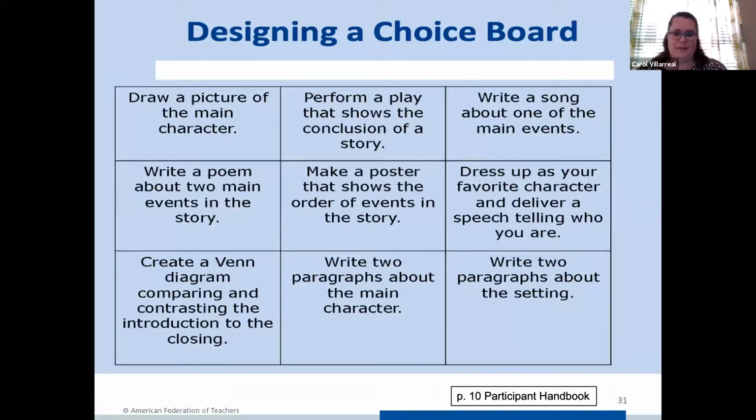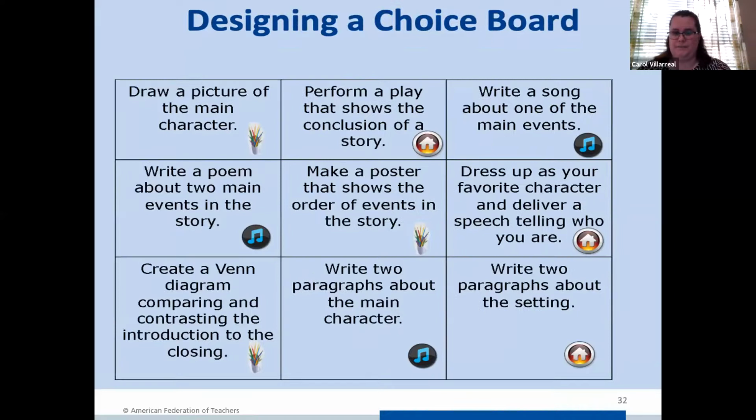Okay, I've got a couple people that have said that they think this is a differentiated choice board. So let's take a look at the next slide. This is the choice board again, but we're adding something to it. We now have icons here. Think about how we've used icons in the past with tiering.